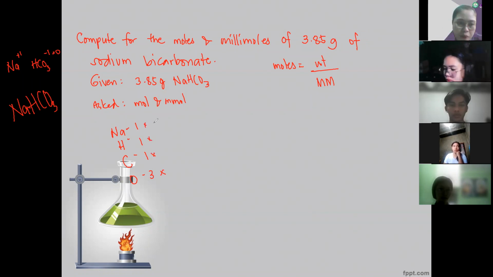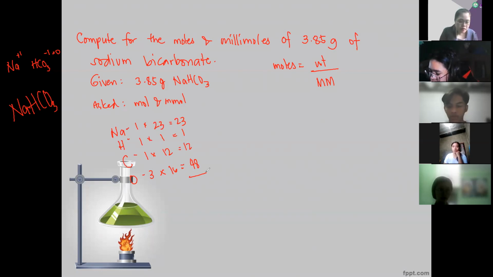We will multiply each sa kanilang atomic weight. So we have 23 for sodium, 1 for hydrogen, 12 for carbon, and then 16 for oxygen. Okay, so this is 48. And then let's add everything. 48 plus 12 plus 1 plus 23.